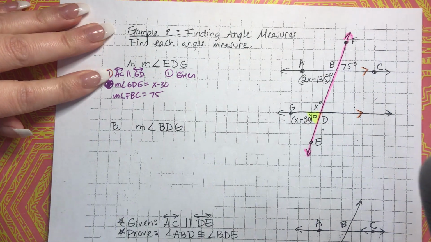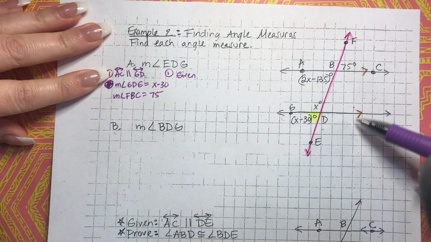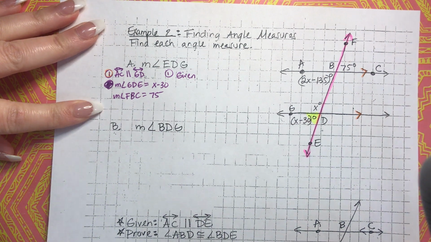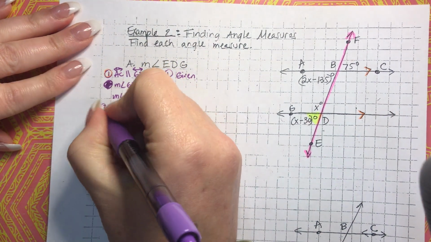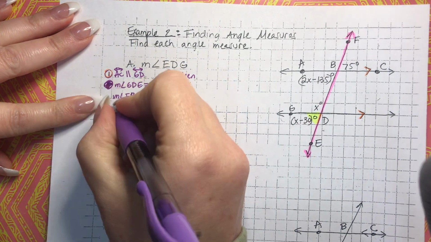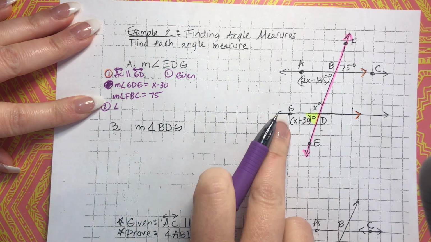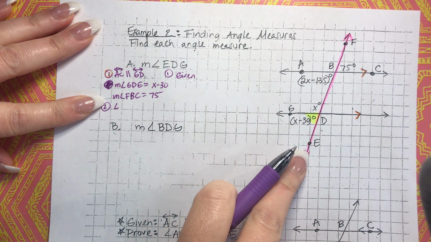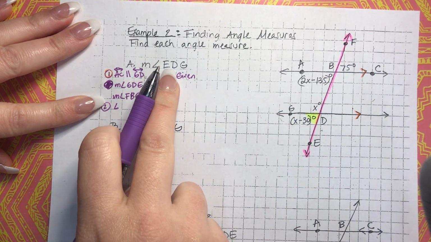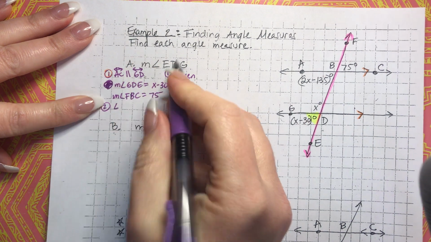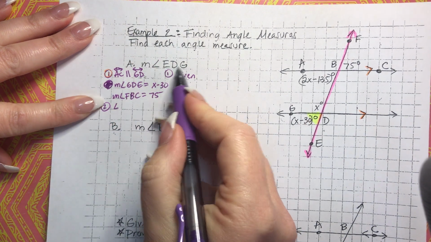Okay, so I have these two parallel lines. Now I'm going to say that these two angles are congruent. I should have said it the same way. This is asking for EDG.